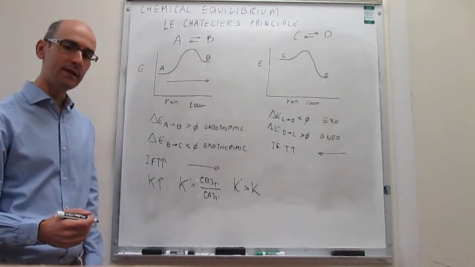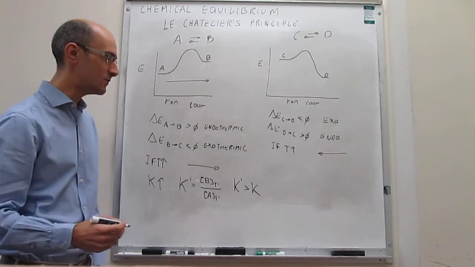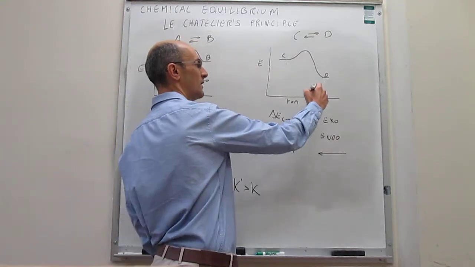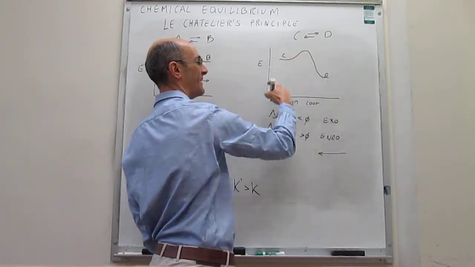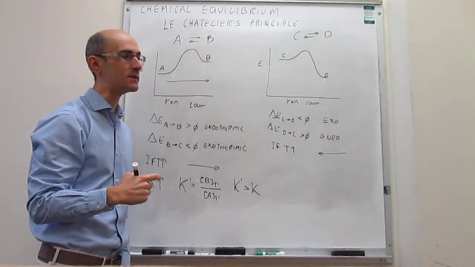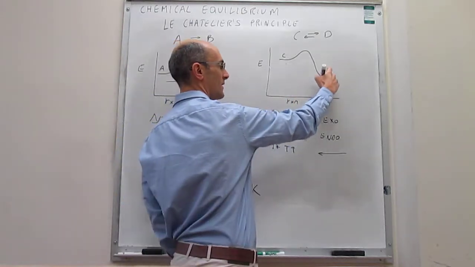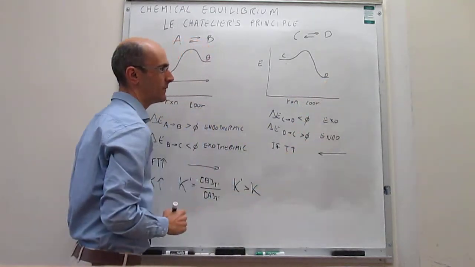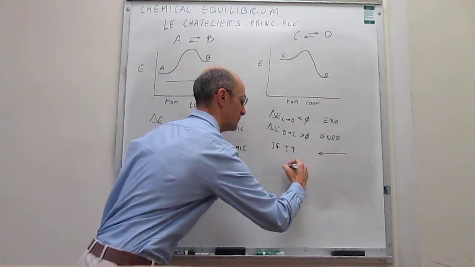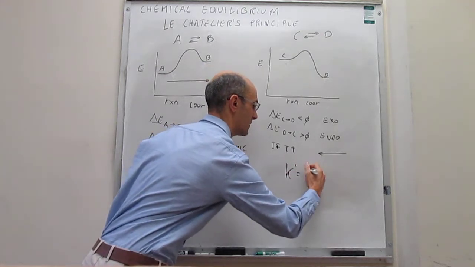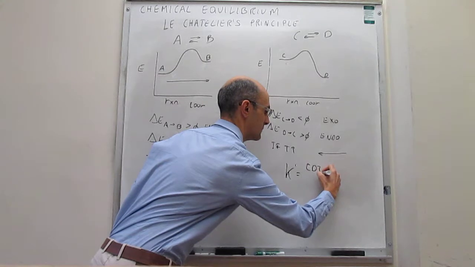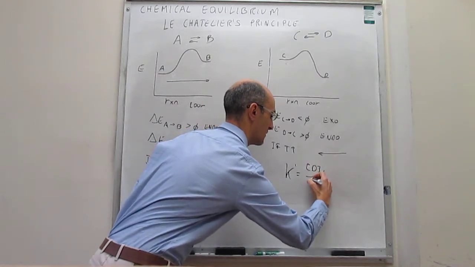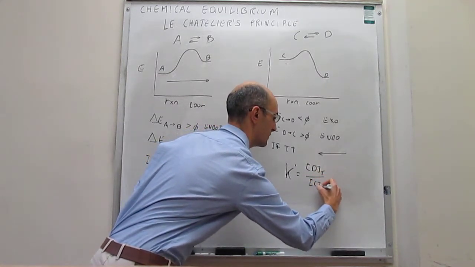Now notice though that the equilibrium constant is going to be a little different, right? So notice that if we have D to C, you're going to have an ever increasing amount of C in the reaction medium, and then an ever decreasing amount of D in the reaction medium, because the equilibrium constant, this K prime, is the concentration of products at equilibrium at this temperature T prime over the concentration of reagents at equilibrium.